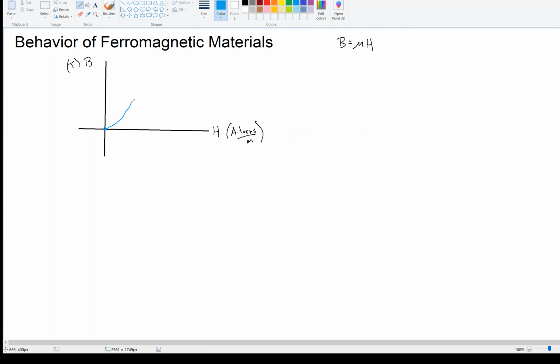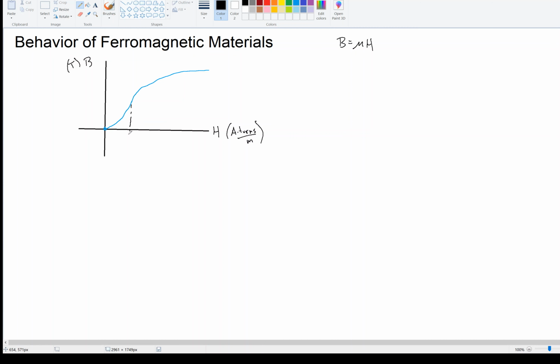It would increase B rapidly up until some point, and then it would start to saturate like that. So clearly that's nonlinear in ferromagnetic materials.